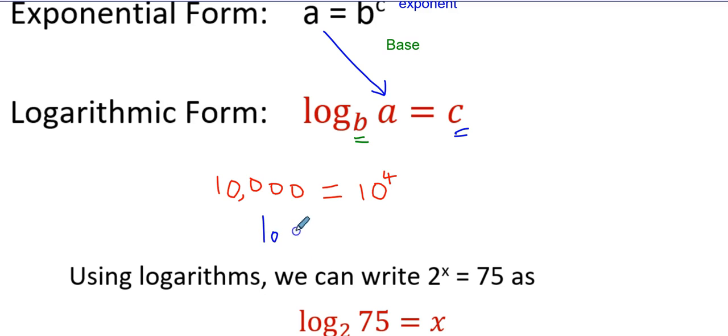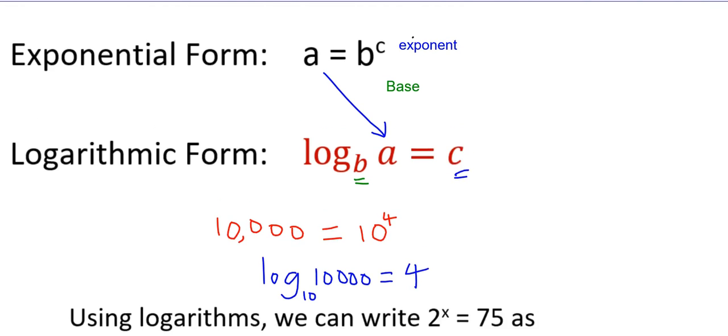I'll write log to base 10 of 10,000. What is my exponent? That is 4. So 10 to the power of 4 is equal to 10,000. That is the whole purpose of logarithms: rewriting a given big number under a particular base and changing it into this small number. 4 is your answer there.